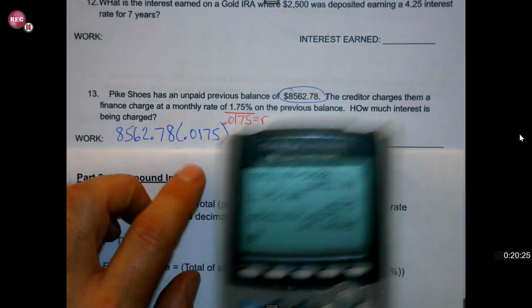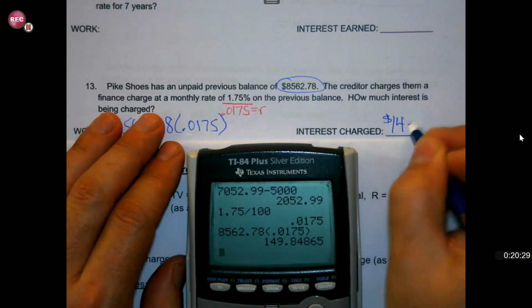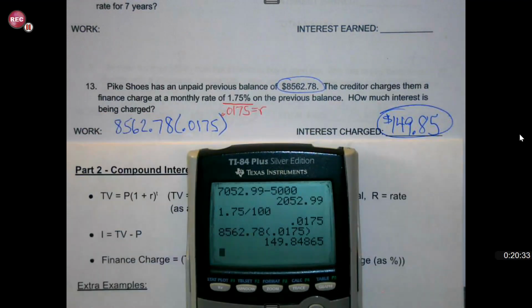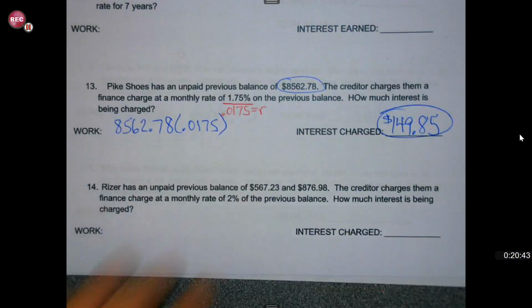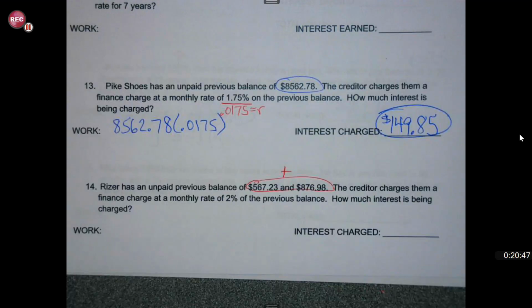Looks like about $149.85. So the only difference between 13 and 14 is going to be on 14, you've got to add those together first, then multiply it by the percentage instead.